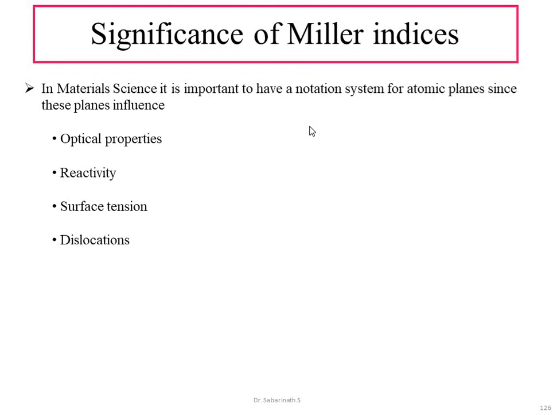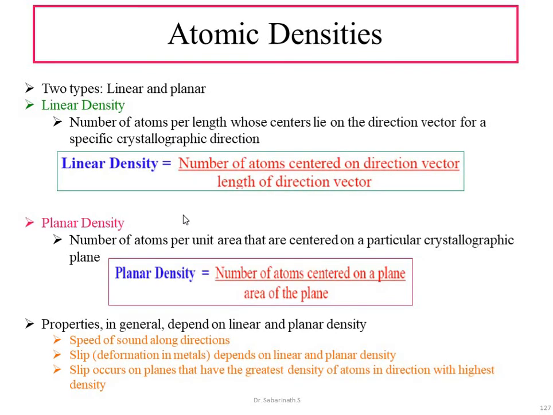For example, if we need to point out a specific atom, we can't just say it lies in this area. So in order to specify the position of that atom, we use the Miller index, and it is applied to study optical properties, reactivity, surface tension, and some dislocations, which we will see towards the last part of module 2.